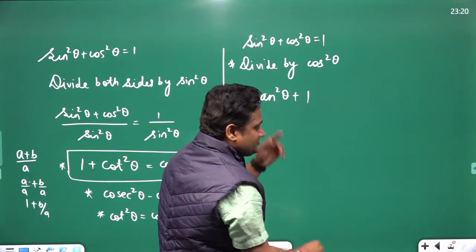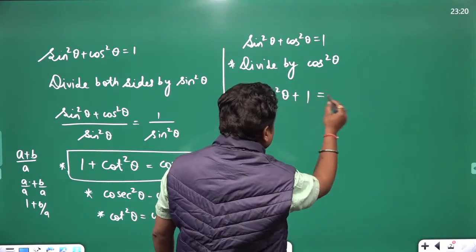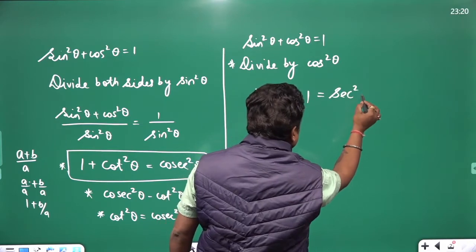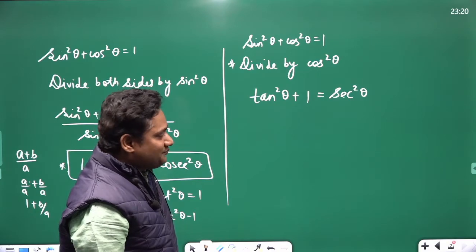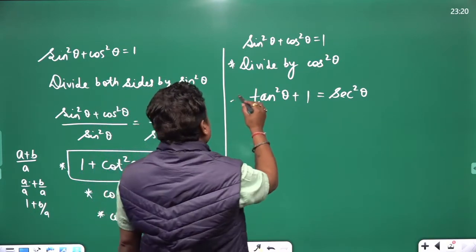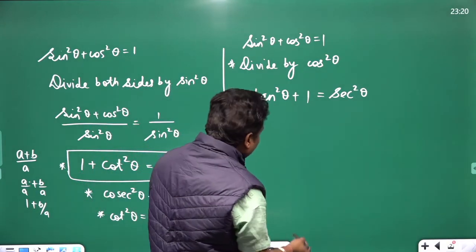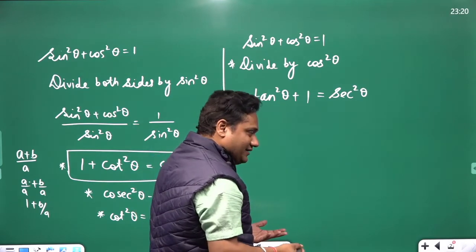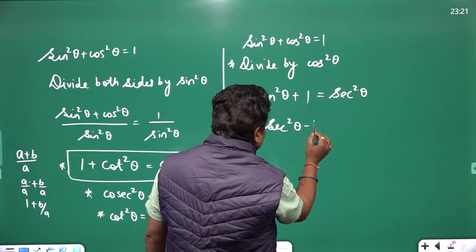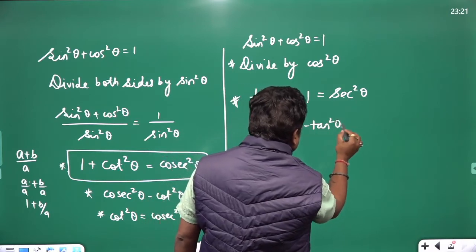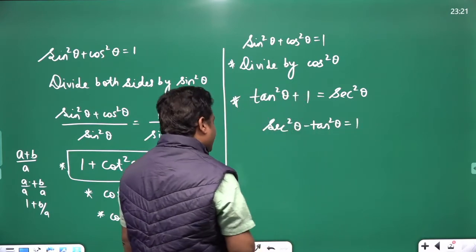So 1 plus tan square theta, and 1 over cos is sec. So if I divide by cos square theta, I will get directly tan square theta plus 1 is equal to sec square theta. This is again a new formula, and we have to learn it by heart. That means sec square theta minus tan square theta is 1, correct?